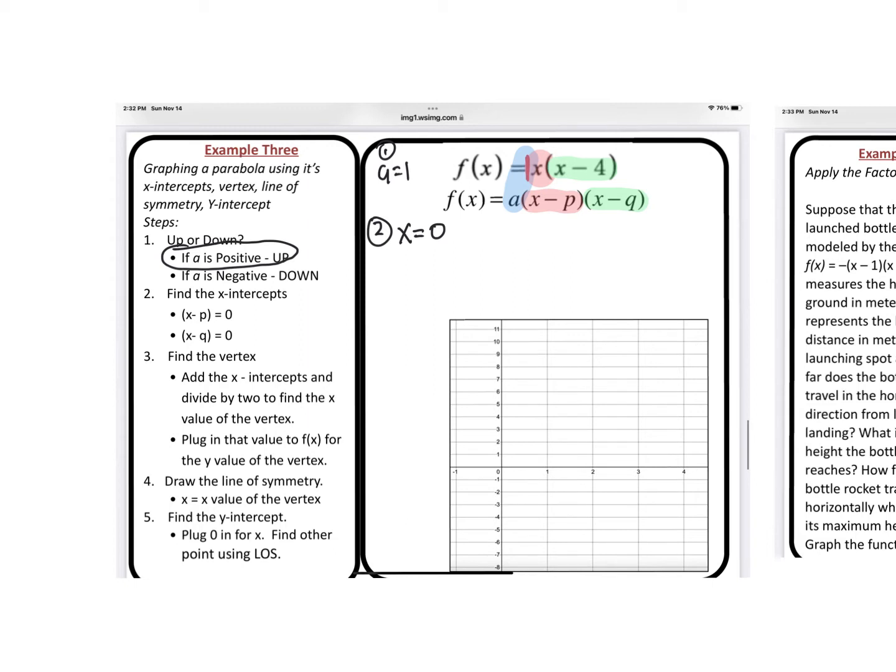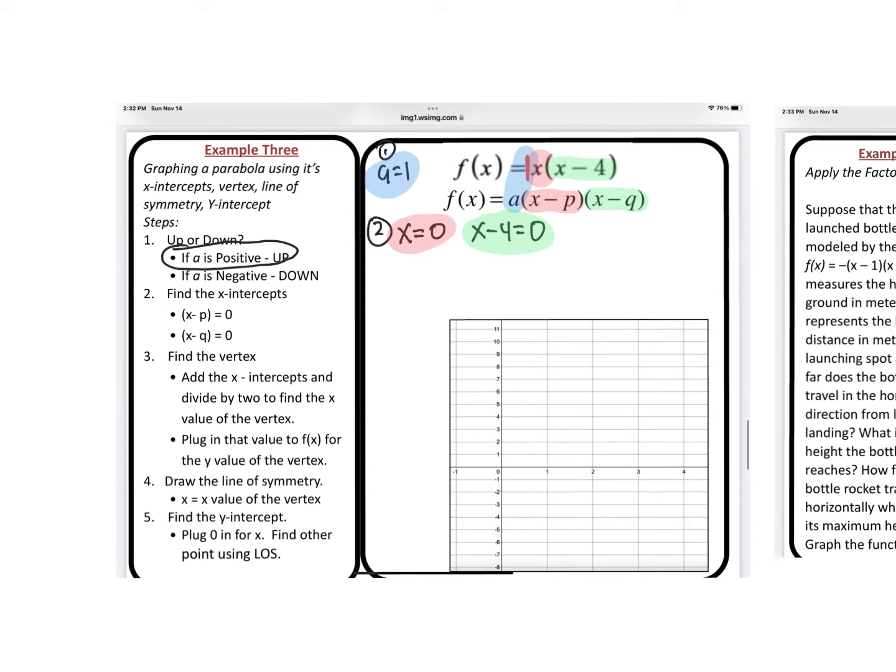And so we just need to do x minus 4 equals 0. To line things up and color coordinate them, this part defines that part, and that's that guy right there. I don't have to solve for x in the first one because it's already solved: x equals 0.